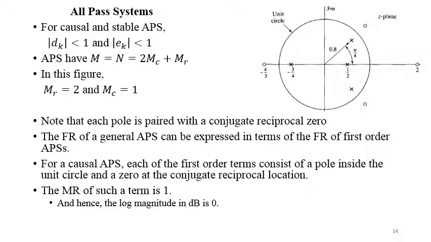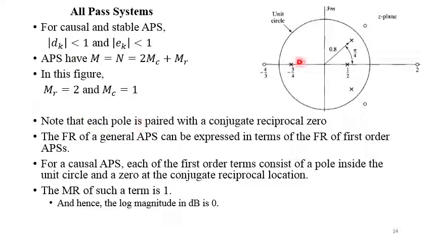For a causal and stable all-pass system, for stability we have the condition that poles must lie inside the unit circle, or they have magnitude less than 1, and similarly ek has magnitude less than 1. It may be noted that each pole is paired with a conjugate reciprocal zero.